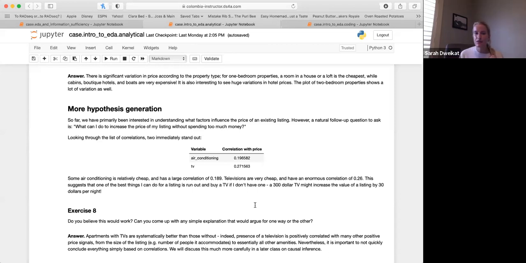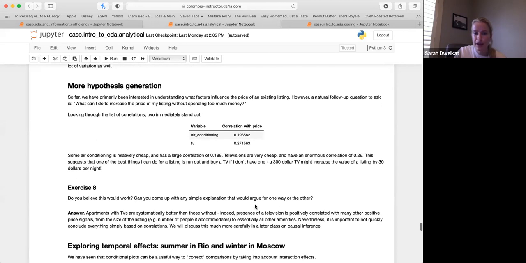Those rentals most likely have TVs already. So it's not the TV itself, it's really that something else like size of the rental is more responsible for this positive correlation. But we do see it. And so there might be value in adding a TV to your rental if you can make more money from it with a pretty small investment up front.